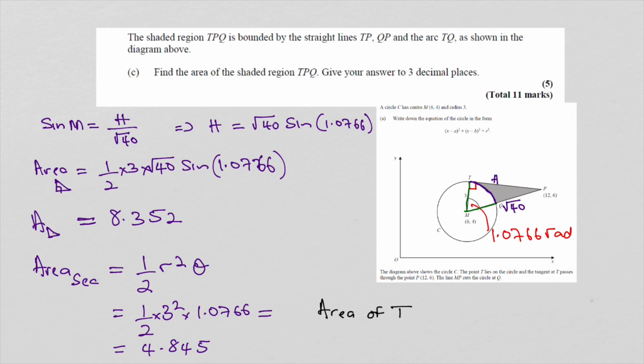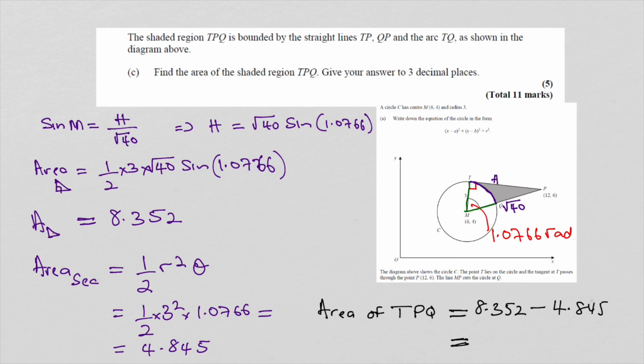Now the area of the shaded part, area of TPQ, will be the area of the triangle, which is 8.352, you can see it's bigger than the sector, minus the area of the sector, which is 4.845.